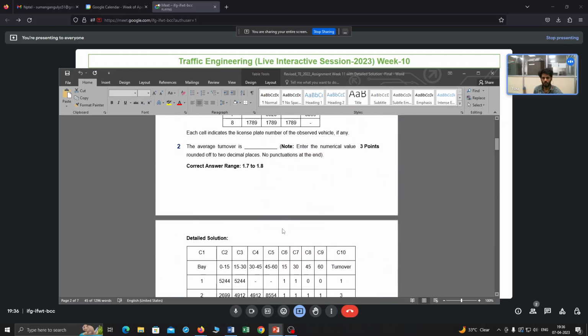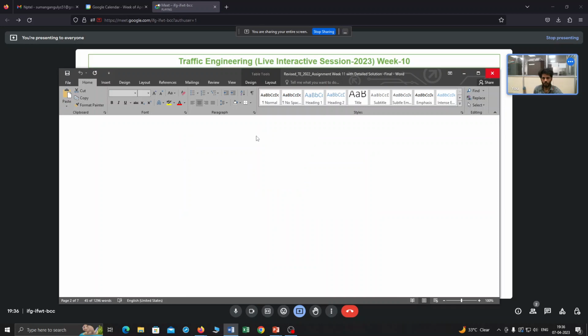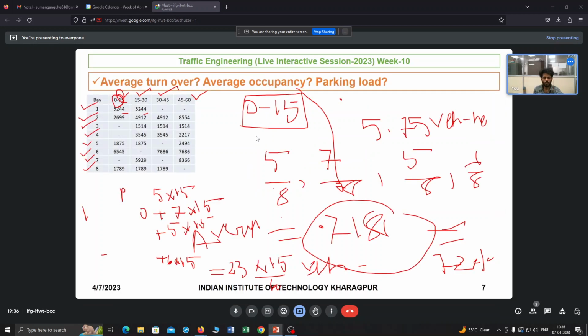So tell me what queries you still have regarding this parking as well as the initial portion of road safety, and then we can go to the next part.